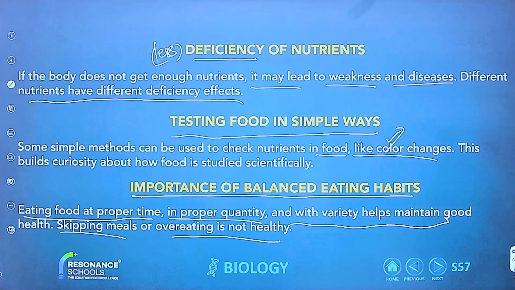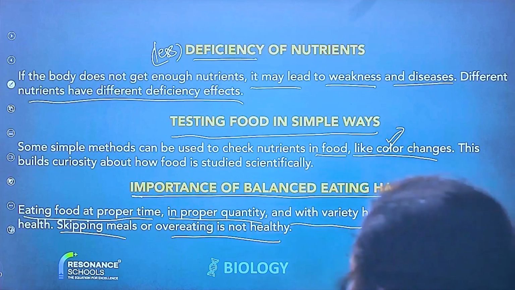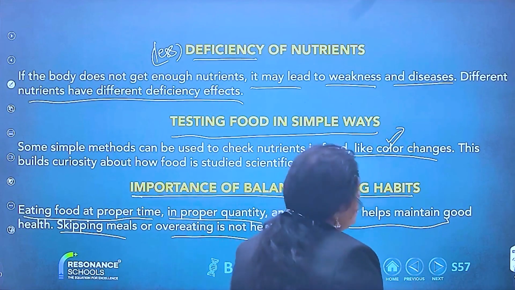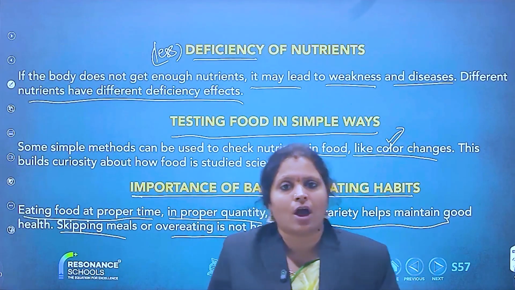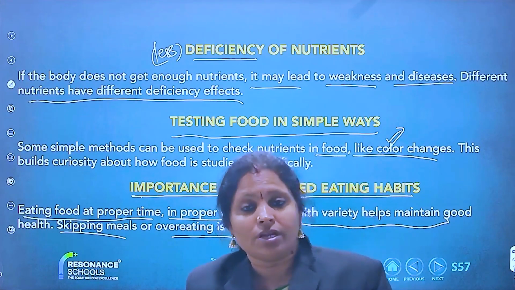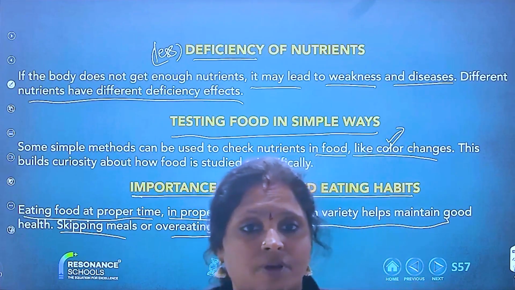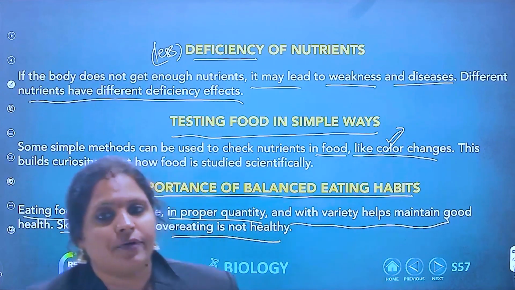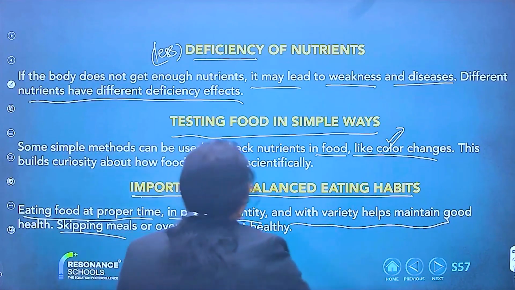Someone has asked the question. Iodine is the solution used to test for the presence of carbohydrates. That is the only solution we use to test for carbohydrates. That is the reason we use iodine. Right? Let us go to the next slide.